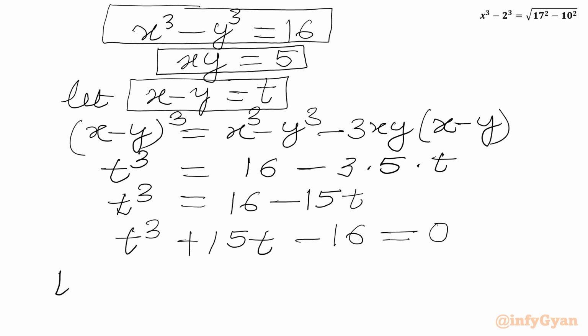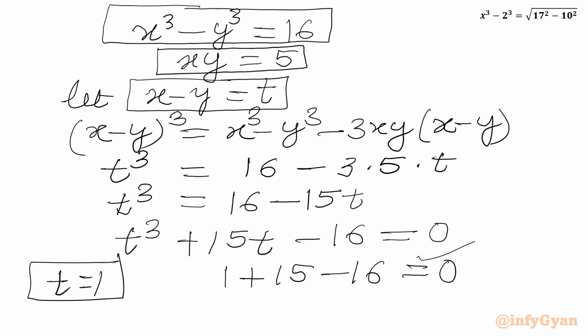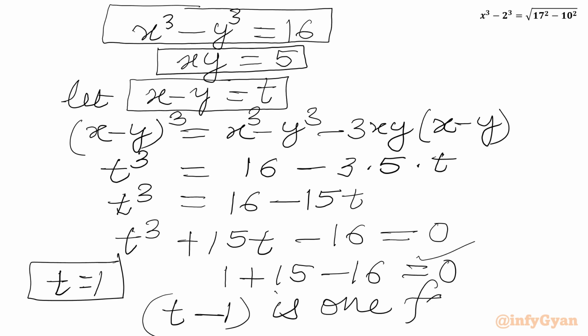If I simply plug in t equal to 1 into our equation, I will get 1 plus 15 minus 16. So this is satisfying our equation. So I can say t minus 1 is one factor of this cubic equation. So I have to find out the remaining two.